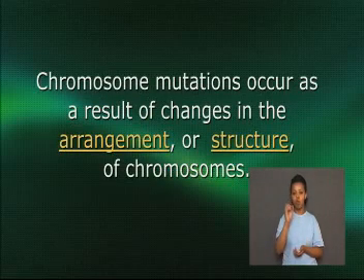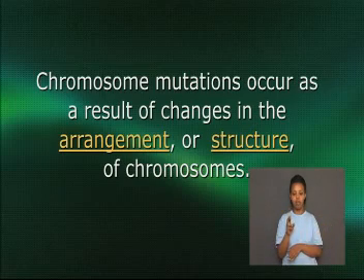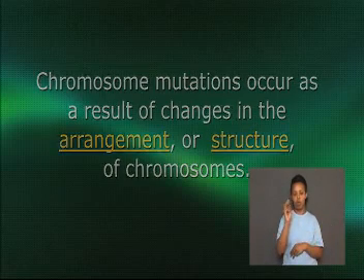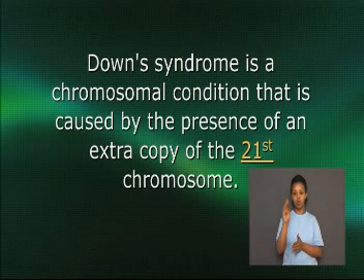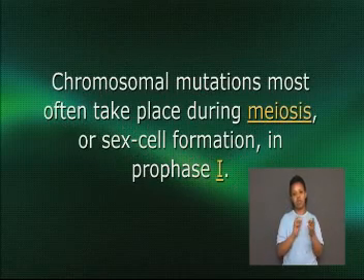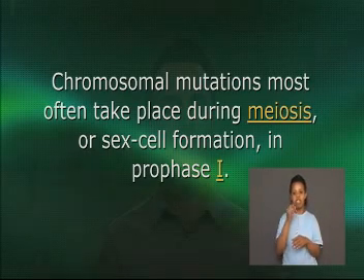Chromosome mutations occur as a result of changes in the arrangement or structure of chromosomes. Down syndrome is a chromosomal condition that is caused by the presence of an extra copy of the 21st chromosome. Chromosomal mutations most often take place during meiosis, or sex cell formation, in prophase 1.